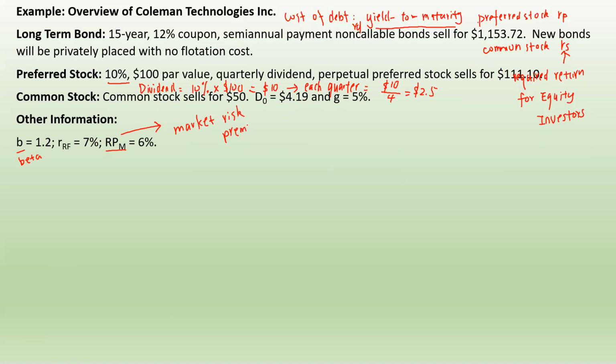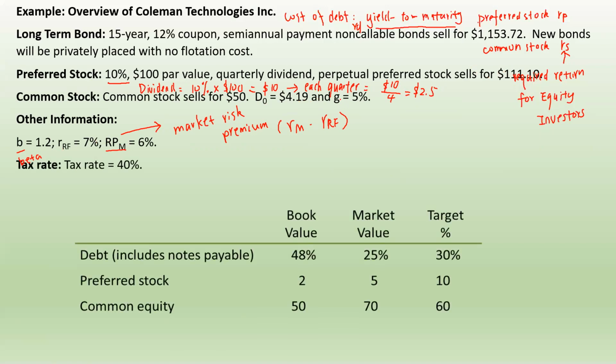And this market risk premium, remember, is RM minus the risk-free rate. It's 6%. The tax rate is 40%. Now the corporate tax rate is relatively lower, around 15%, but here we assume it's 40%. And it gives the so-called capital structure.